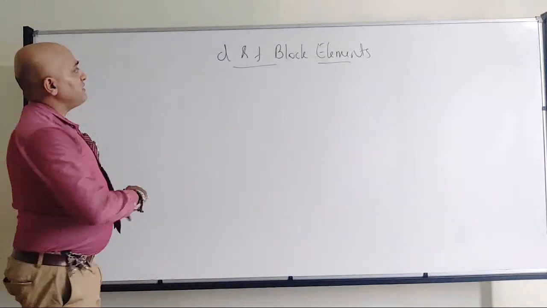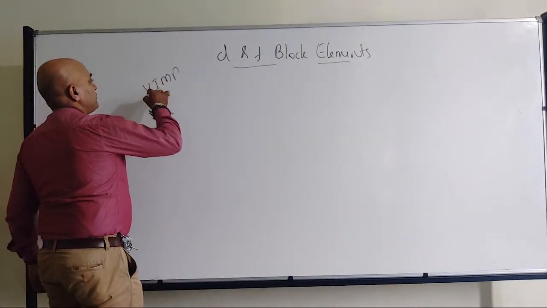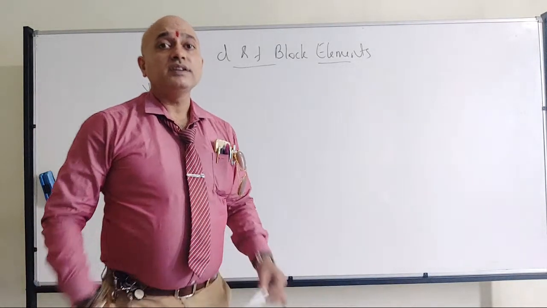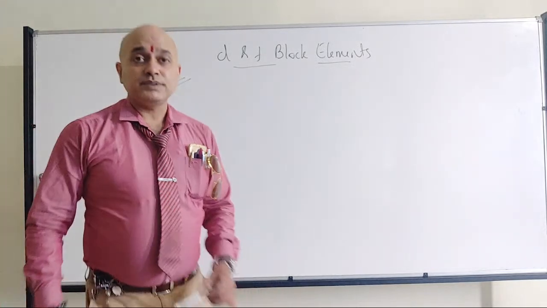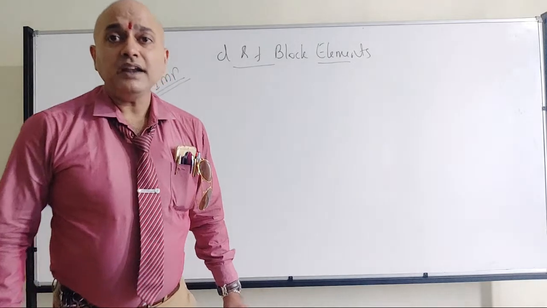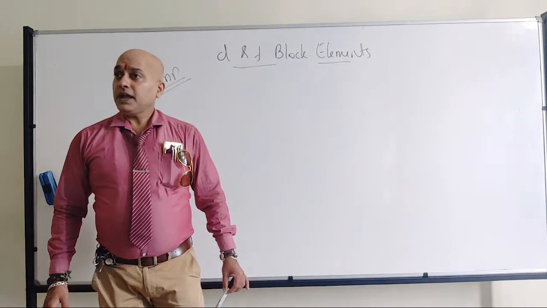So the next one we are going to discuss is a very important one: compounds of transition elements, especially potassium dichromate and potassium permanganate.